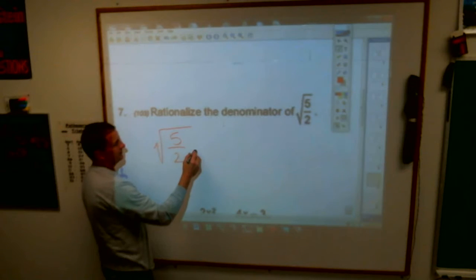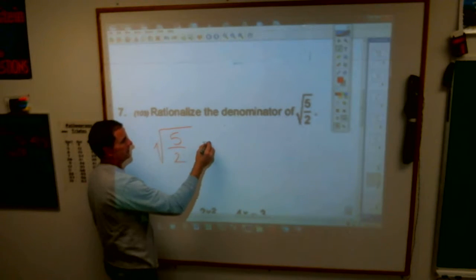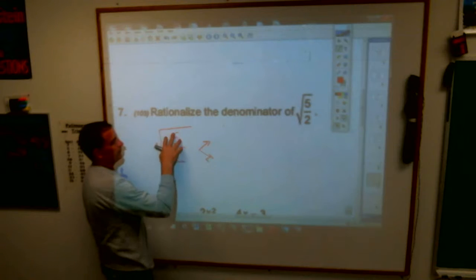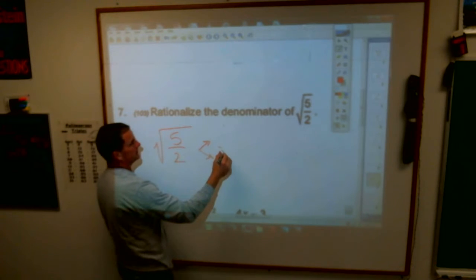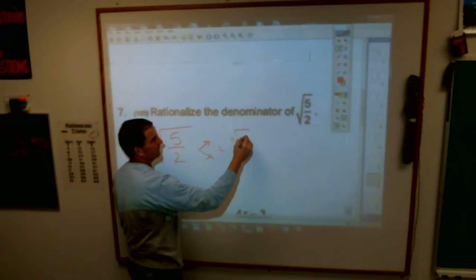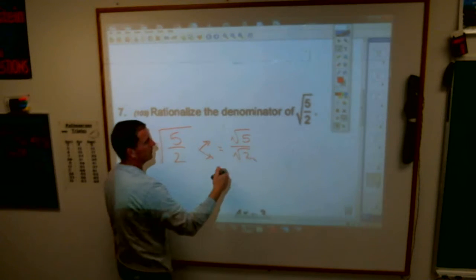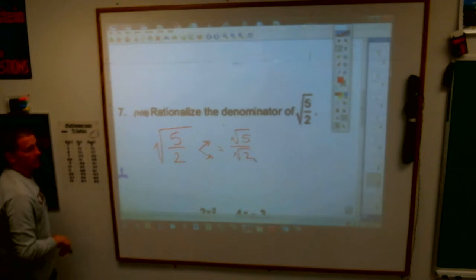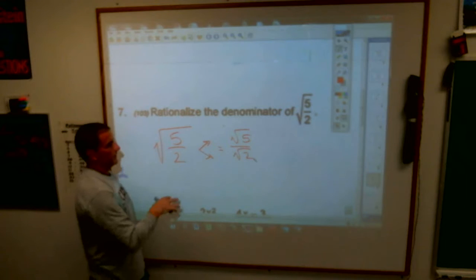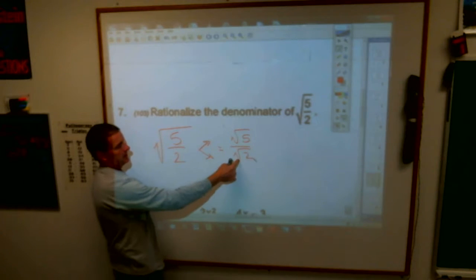In order to do this, I don't know if we have to do this here, but you got to think about this like this. If you have a fraction under a square root sign, it is the same thing as the square root of 5 over the square root of 2. Those are the same thing. And then to get rid of it, rationalizing the denominator means this is not an acceptable math thing.